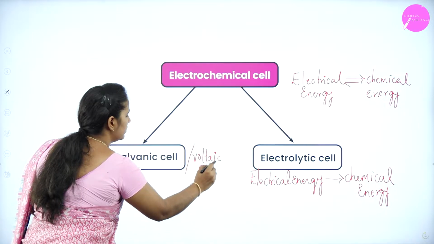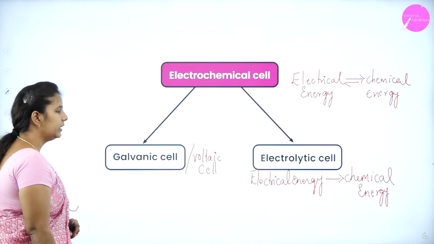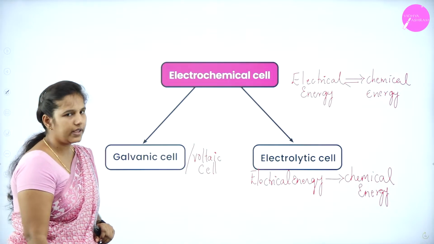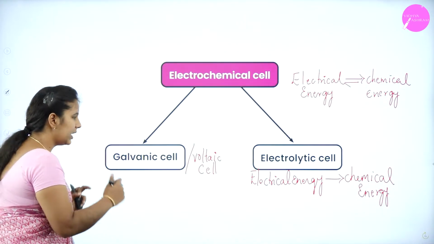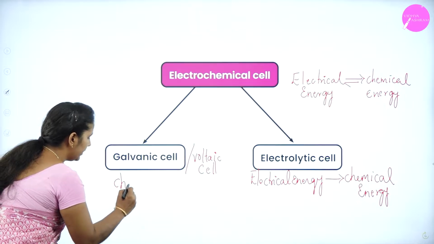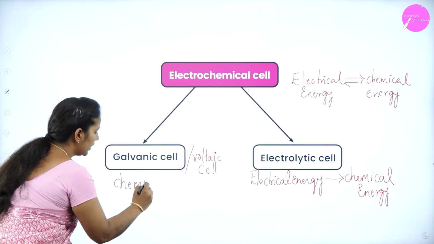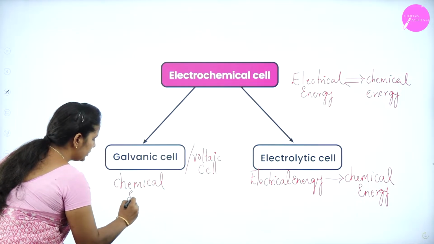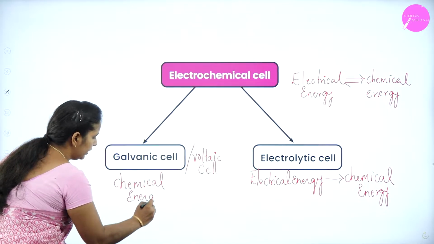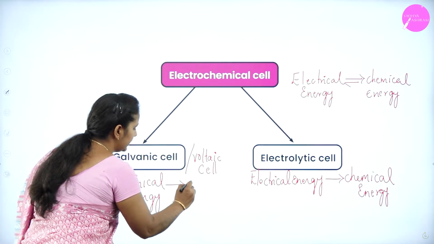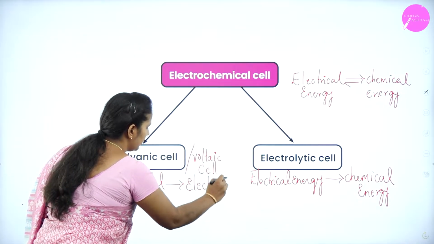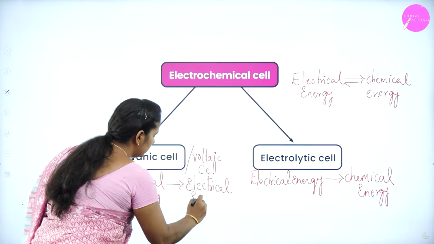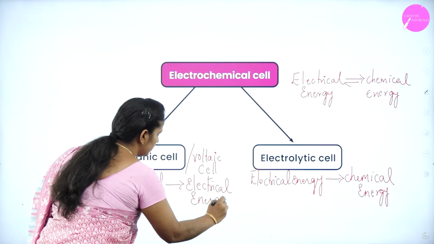Galvanic cell or voltaic cell. So, in the galvanic cell, it always converts chemical energy into electrical energy.